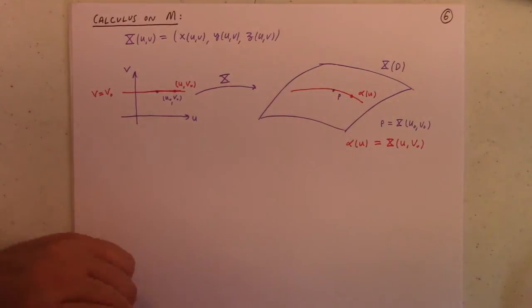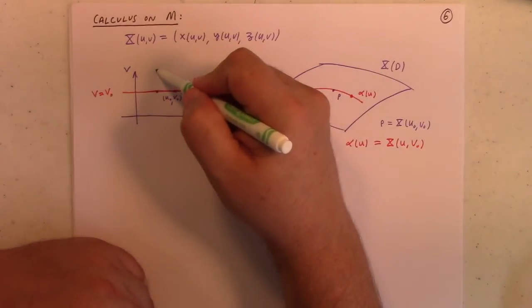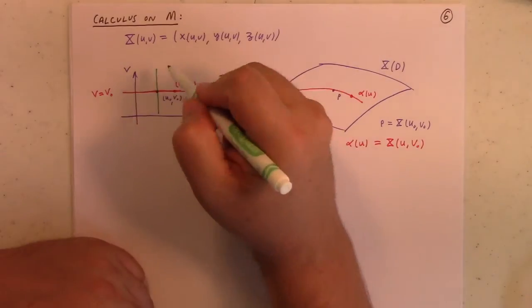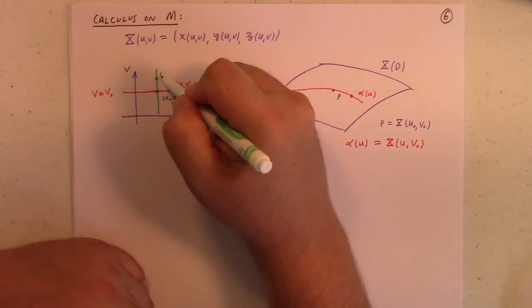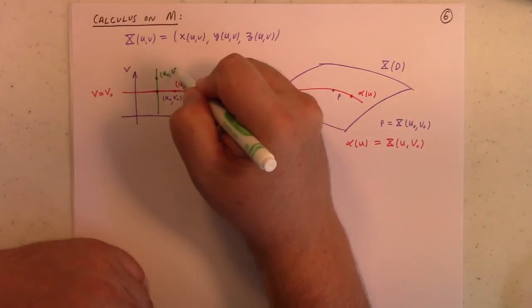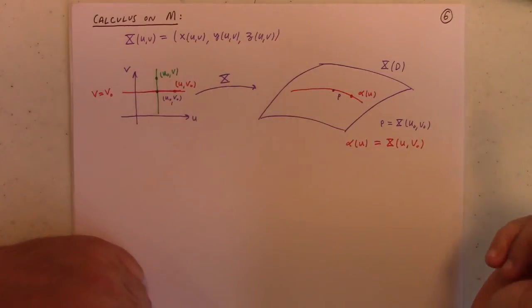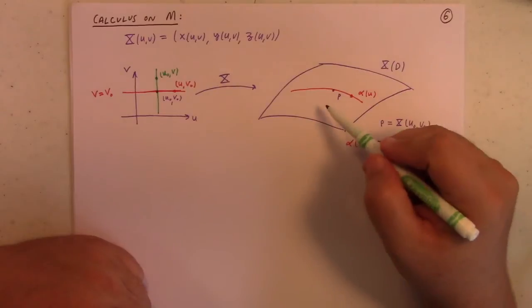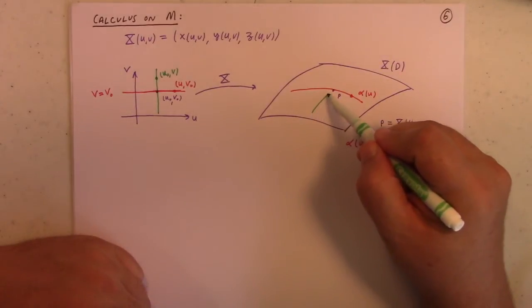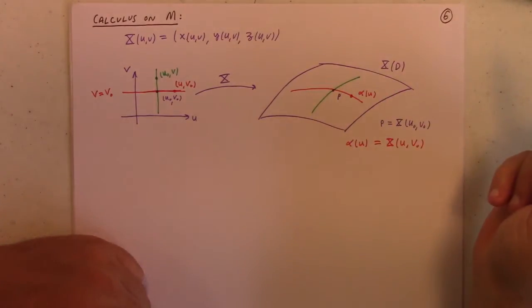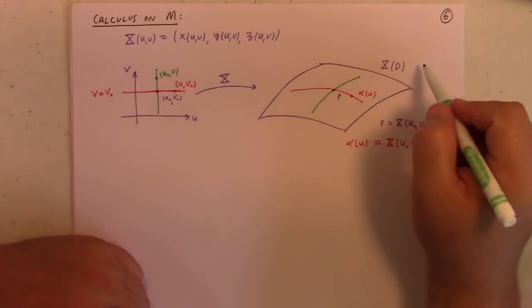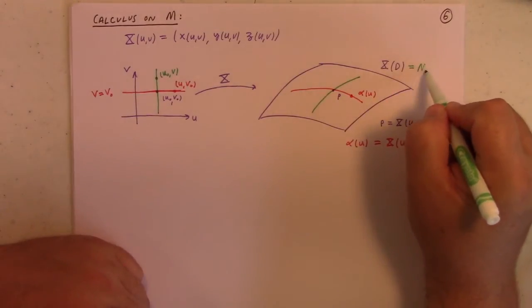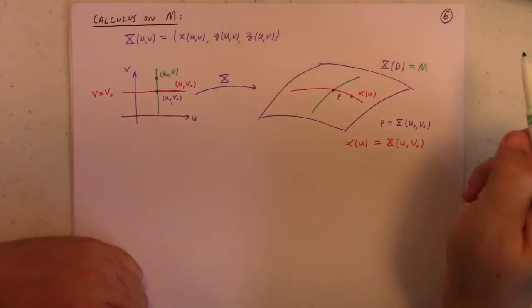And in the vertical direction, like this, a point on that line would be something like u naught comma v, right? And the image of that vertical line under x gives me some other so-called coordinate curve over here. These are the u and v coordinate curves on the surface x of D. So again, you can do this locally if the surface is not simple.